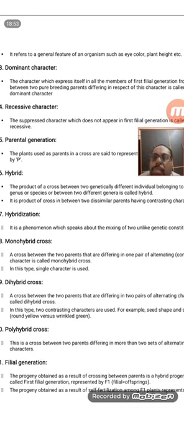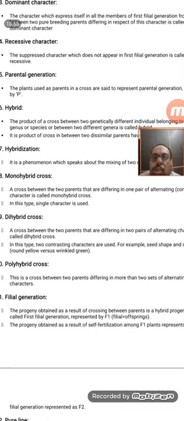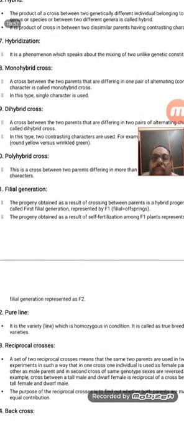Monohybrid cross, dihybrid cross, polyhybrid cross, we are coming to that. Then comes filial. Filial is very simple, it's a Latin term for generations. Parental generation, that is the P generation, then F1 generation, F2 generation, which are called offspring.